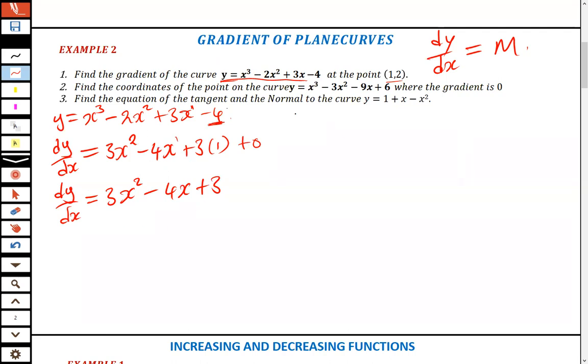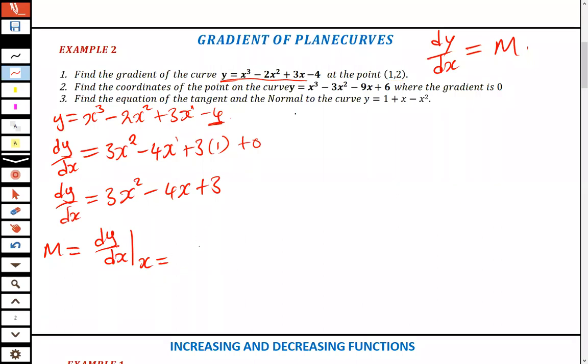Then they're asking us to find the gradient of this function at the point (1, 2). So the gradient at (1, 2) is equal to dy dx at x equal to what? The value of x in those coordinates is simply 1.